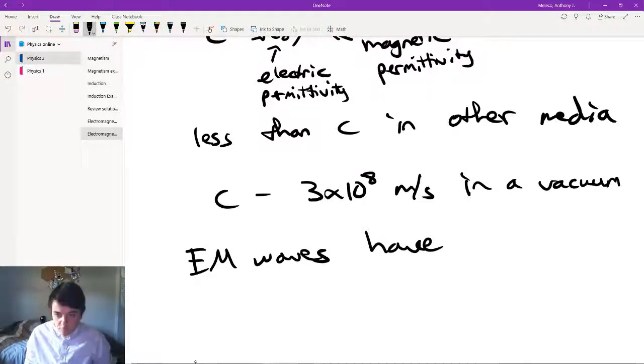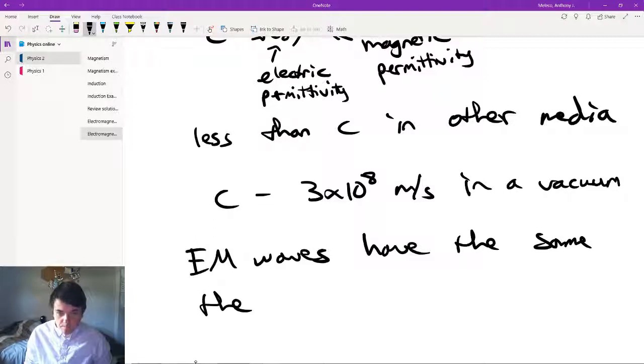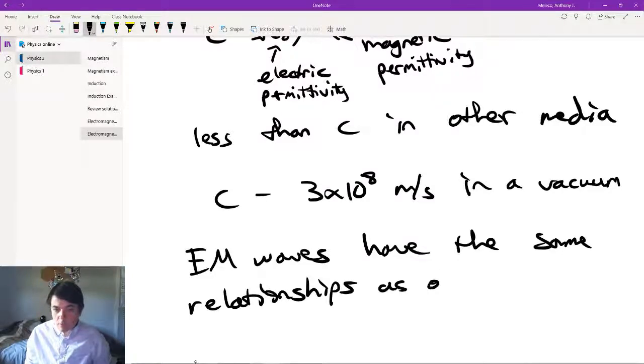EM waves have the same relationships as other waves, so they have the same equations.